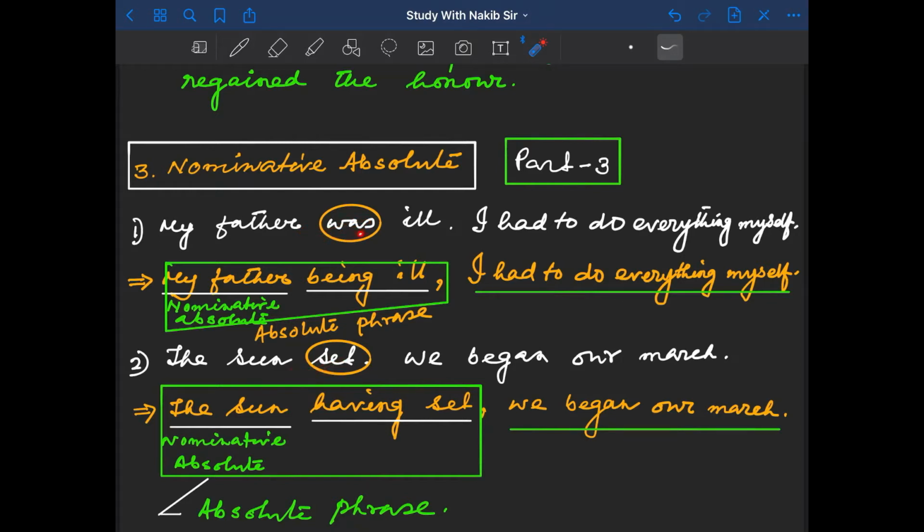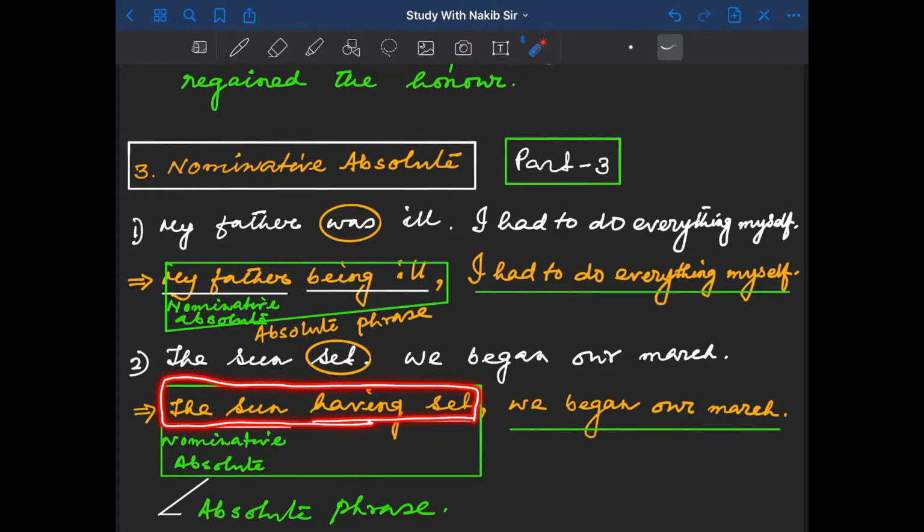If a be verb is there, as you have learned, then in place of this verb, being will be used, be plus ing. But if there is no be verb, in place of this you will use having plus the past participle of the verb. If there is no be verb, use this structure: having plus past participle of the verb. So the phrase is, the sun having set. This is an absolute phrase. This is no longer a sentence.